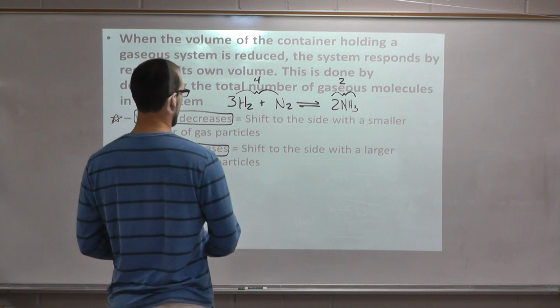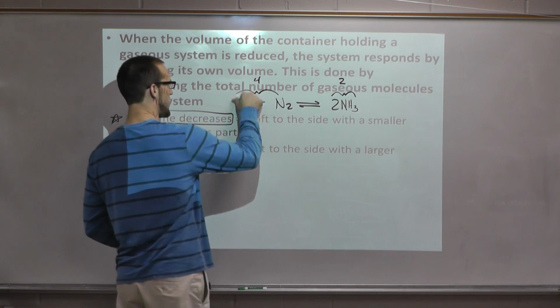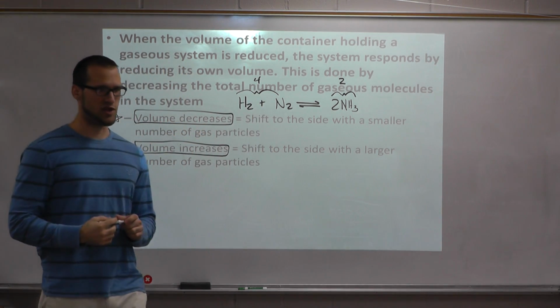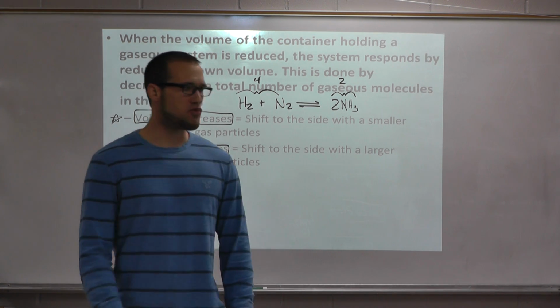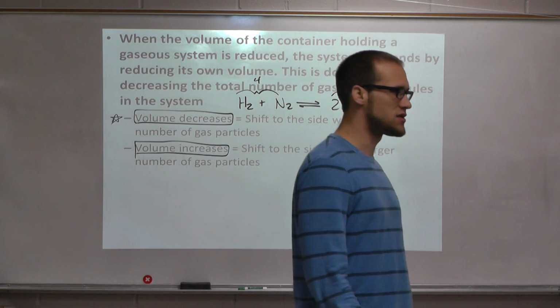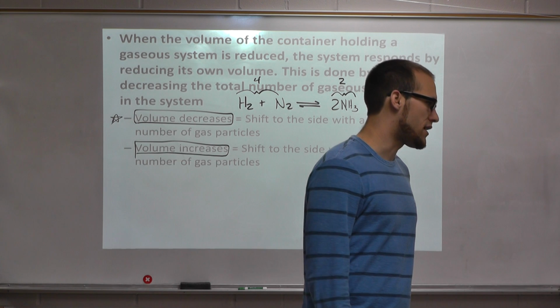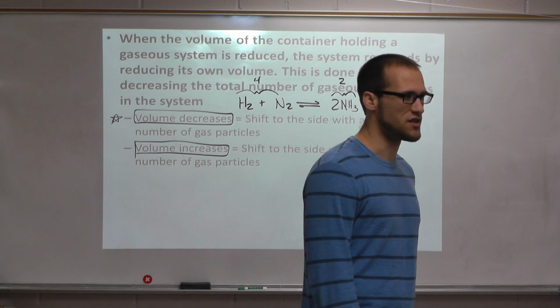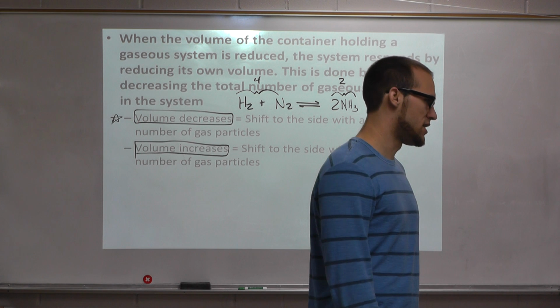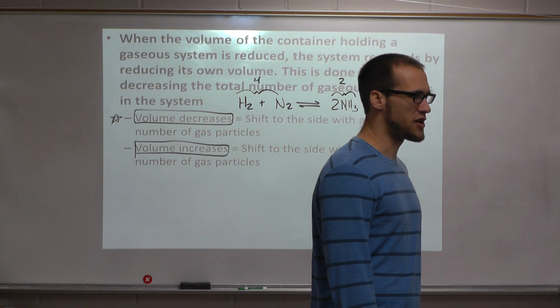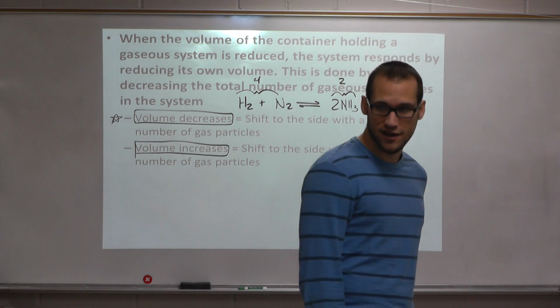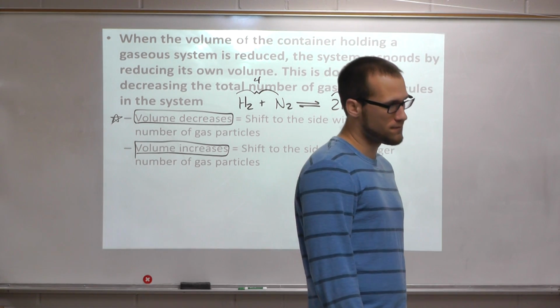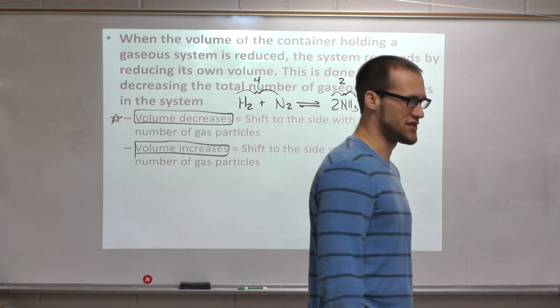So if there was no coefficient here and it was 2 and 2, you could change the volume all you wanted, and it wouldn't change the equilibrium constant or equilibrium position. The reason why is because there's nothing the chemical reaction can do to remove that stress. Right? It can shift right or shift left, and it's going to stay the same.